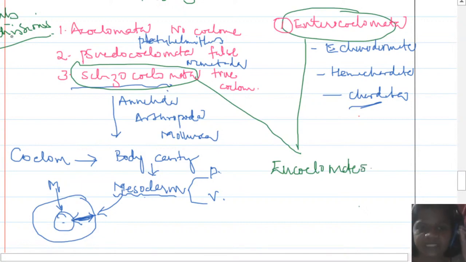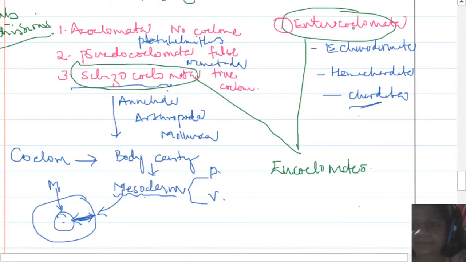The subdivisions in Protostomia are Acoelomata, Pseudocoelomata, and Schizocoelomata. The subdivision in Deuterostomia is only one, which is Enterocoelomata. The phyla that are included are in Acoelomata we see Platyhelminthes, in Pseudocoelomata we see Nematohelminthes, and in Schizocoelomata we see Annelida, Arthropoda, and Mollusca.